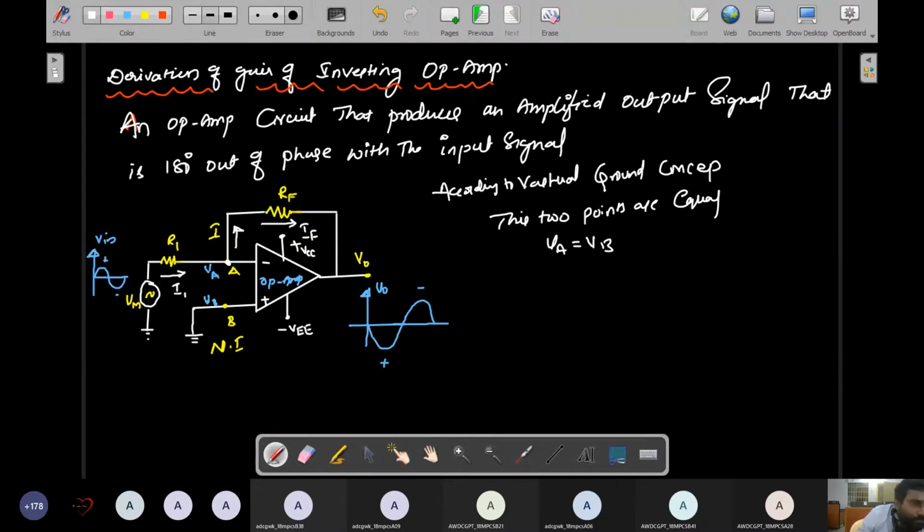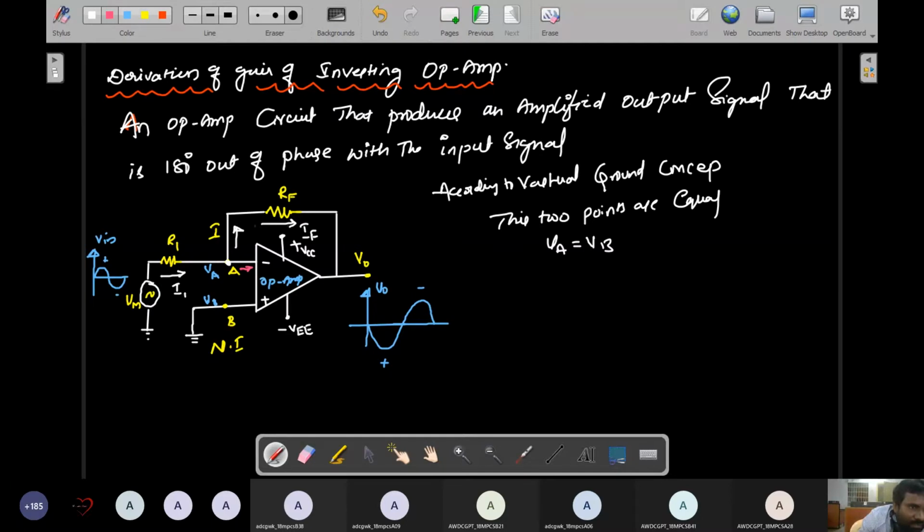See here, if I am giving this input signal to the inverting terminal, the current travels in this direction. This is the current direction, and at point A the current splits into two parts. One part moves in this direction, and one part moves through the RF resistor.